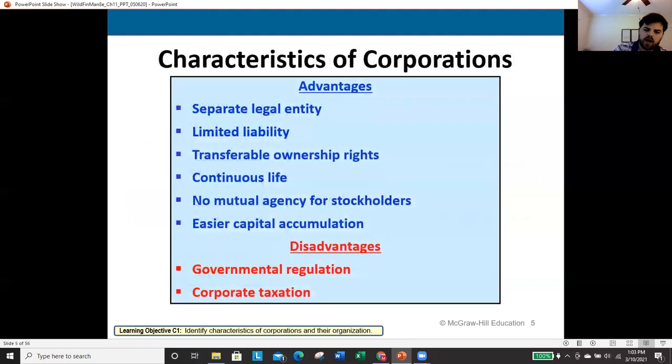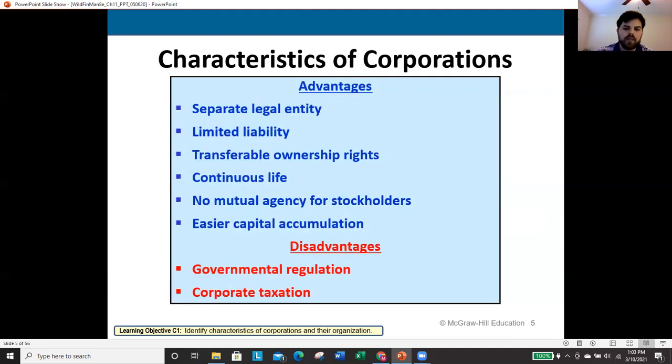So very good. Now, there are some really powerful advantages to this corporate form of business. The first two we've pretty much talked about already, and we've talked about them earlier in the semester. We saw that we had a separate legal entity, so the corporation is separate and distinct from the individual owners, and this gave us what we called limited liability.